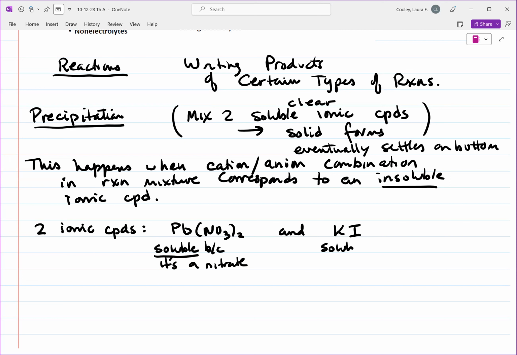Soluble. Why? Because it's got an alkali metal ion, potassium K+. Those compounds are soluble with no exceptions. It's the first line of the compounds containing the following ions are generally soluble.